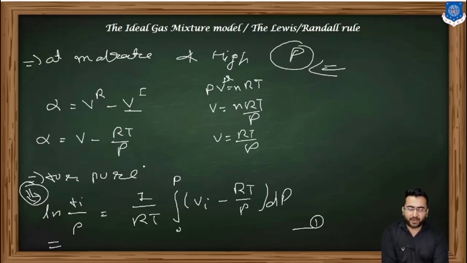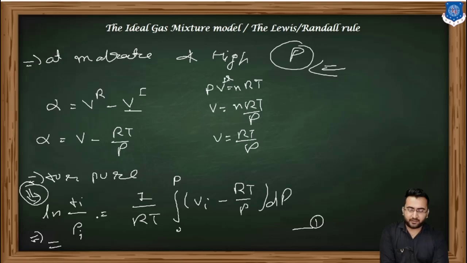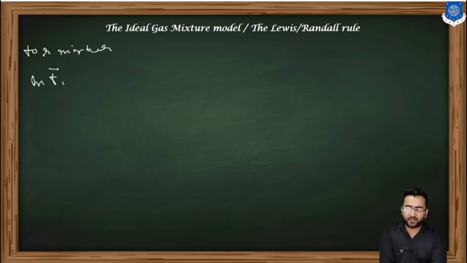Now if I want to write this equation for the solution, what do I have to change? I just have to write fi bar instead of fi, and pi bar instead of P. So for the mixture, the equation becomes ln fi bar upon pi bar is equal to 1 upon RT.